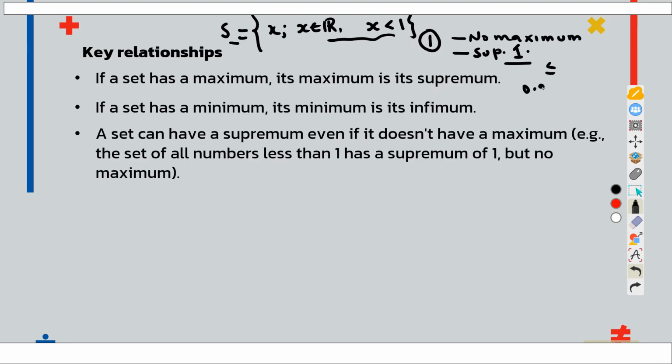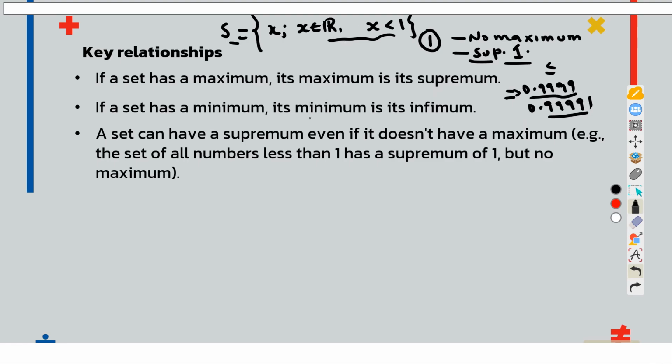You can think about 0.9999, but this cannot be the supremum, or you cannot say that all other numbers will be less than or equal to this. So then what about a number like 0.99991? Such a number will exist. So that's why we say that all the other numbers cannot exceed 1. If they cannot exceed 1, then 1 qualifies to be called a supremum, though it is not an element of the set S.